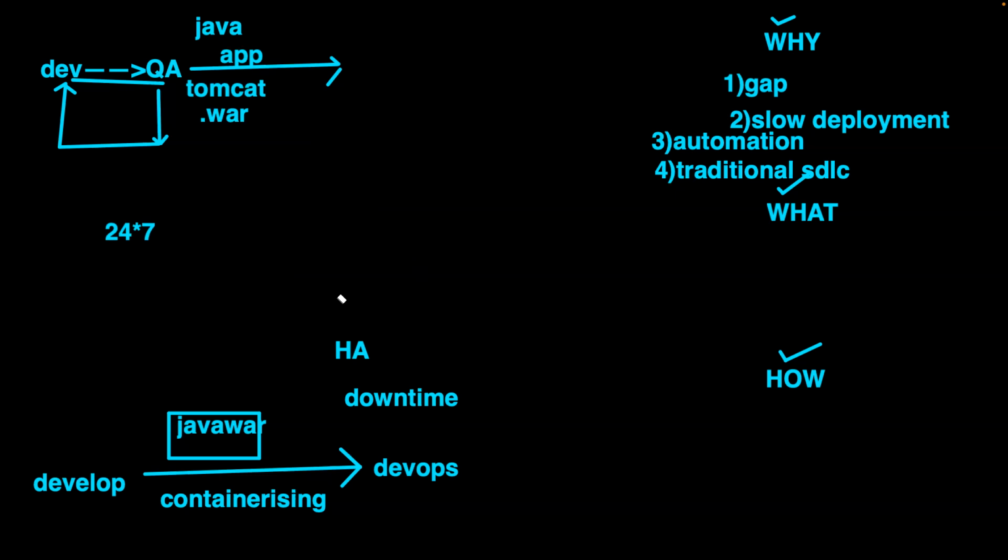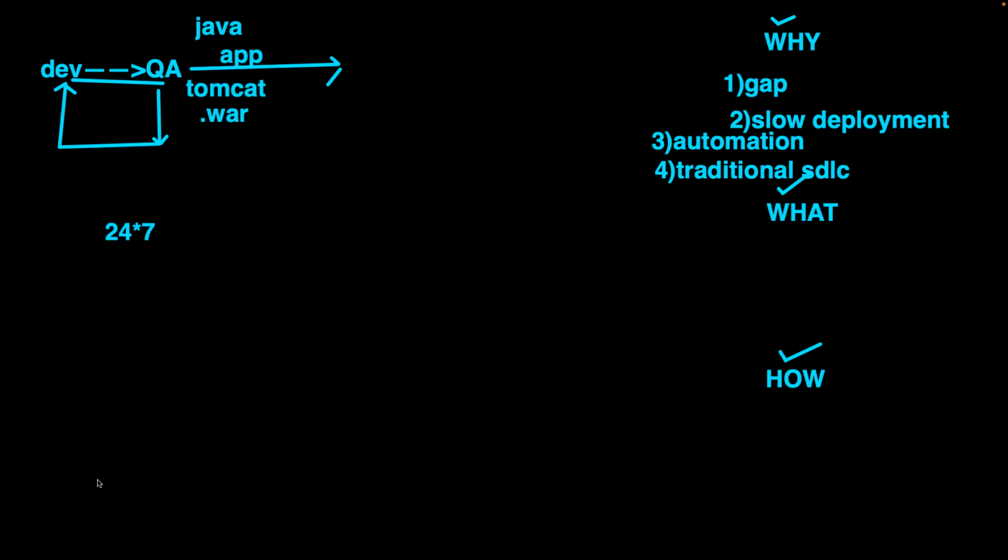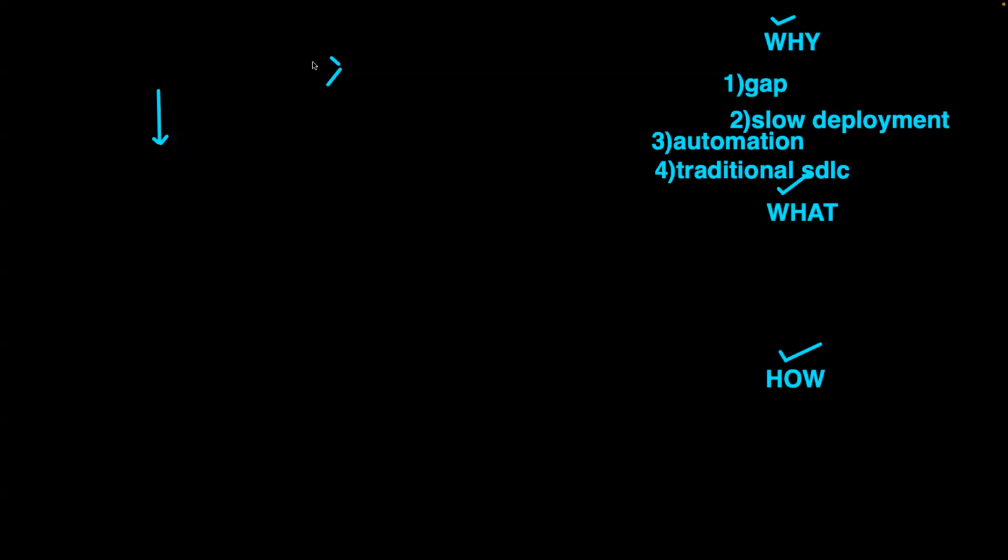If you talk about a typical SDLC, what is an SDLC? Software development lifecycle. Exactly. If anyone is new to this, just understand it's nothing but a sequence of activities involved in development.